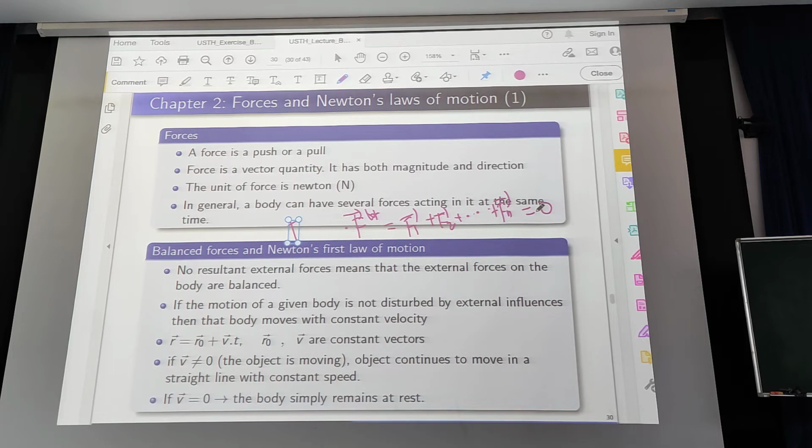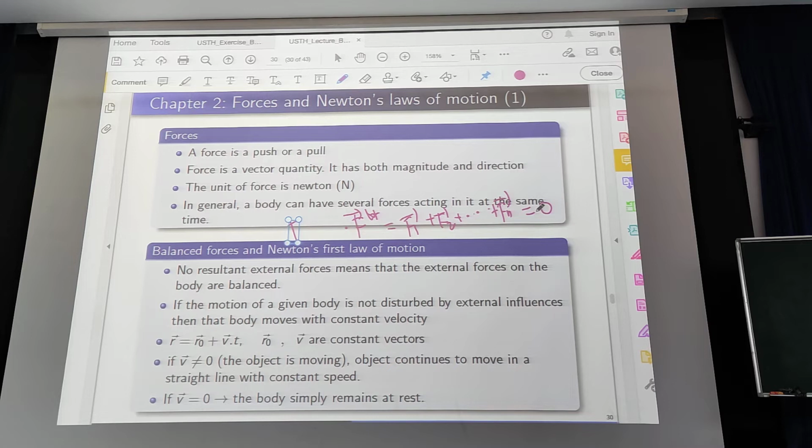So what is the meaning of the first law of Newton? It looks easy, but it's very, very important. Remember, when the force acting on the object is 0, balanced, the object will move with a constant velocity.